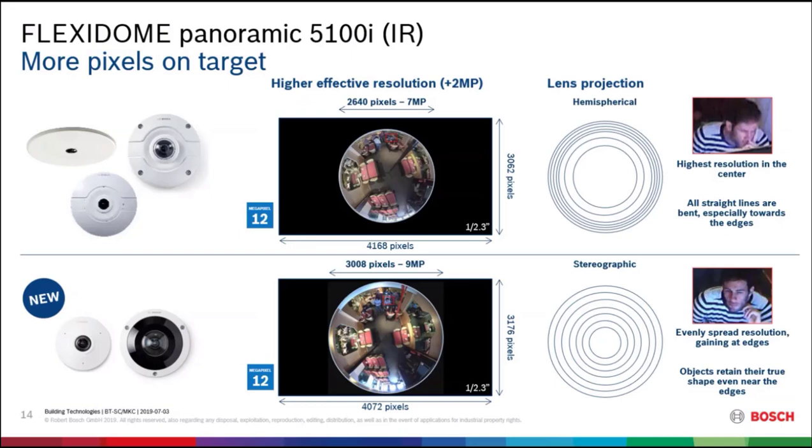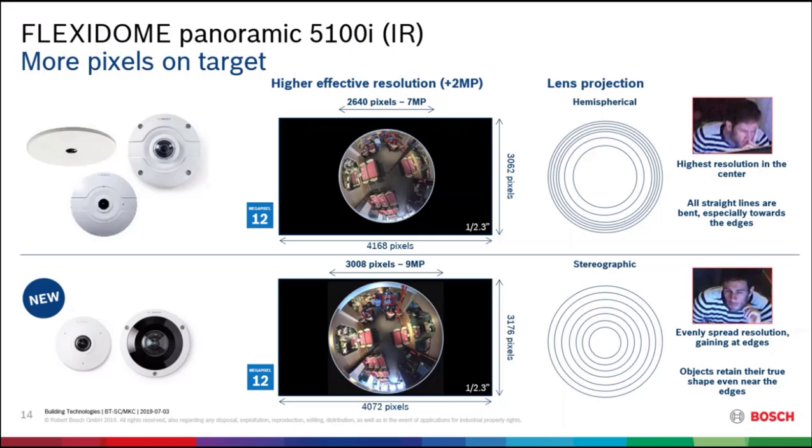And where are the improvements coming from from an imaging perspective? The predecessor, the 7000 series, used a hemispherical lens. With this lens, it pushes the pixels, or the resolution, towards the center of the image and away from the edges. So it caused a little bit of distortion at the edges.